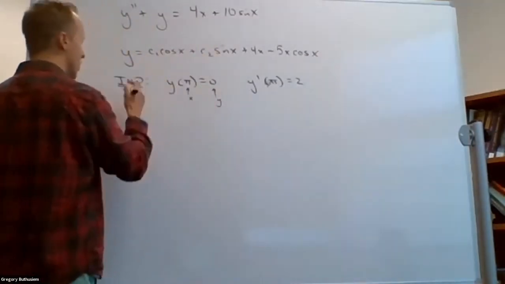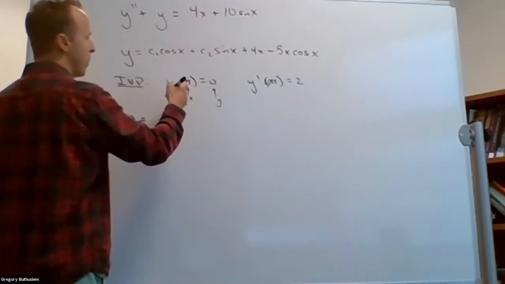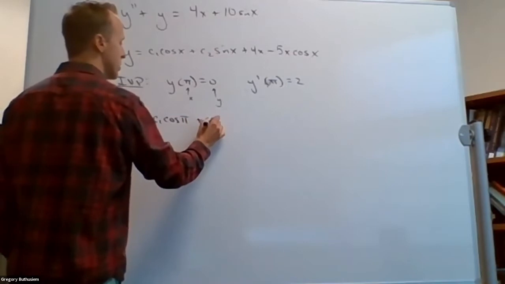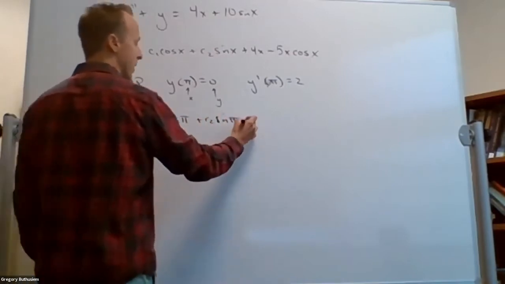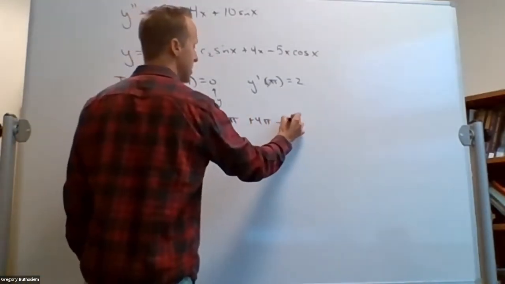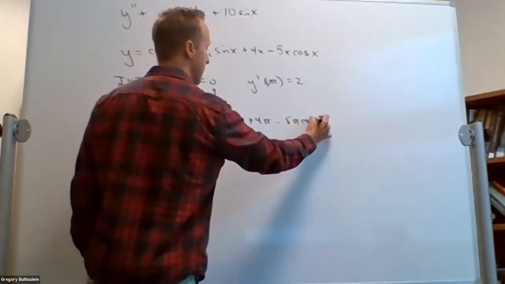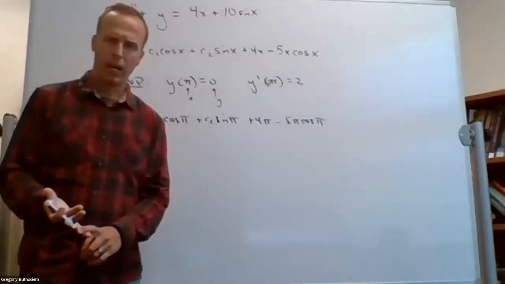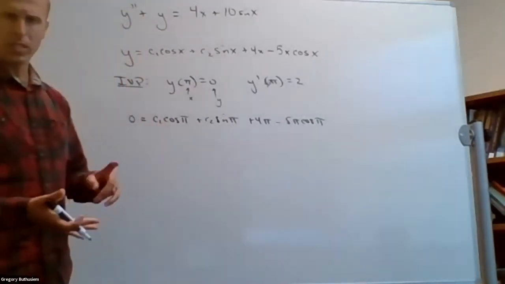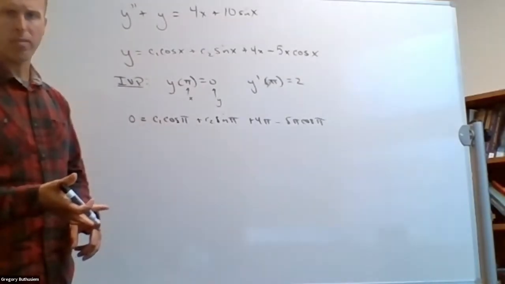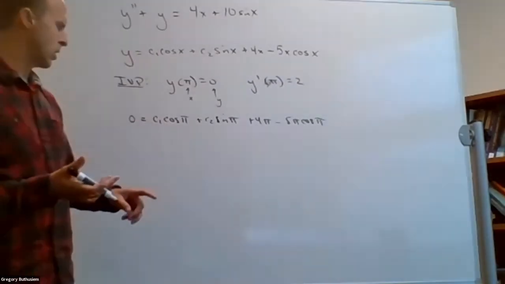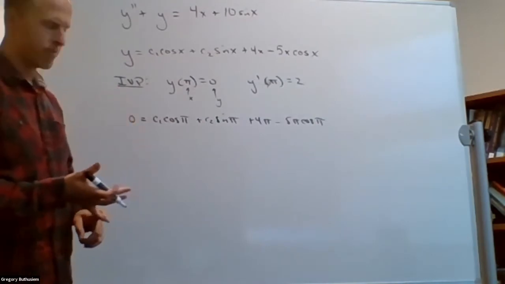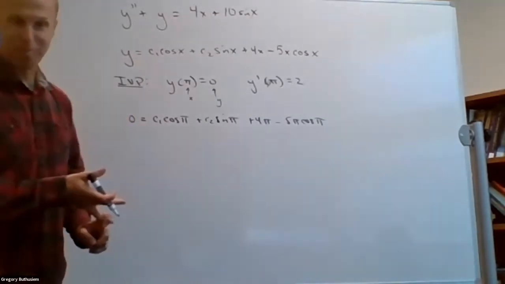So if I plug y of 0 in here, and then I plug pi in for x, I would get C1 cosine pi plus C2 sine pi plus 4 pi minus 5 pi cosine pi. And so you should know that cosine of pi is -1 and sine of pi is 0.